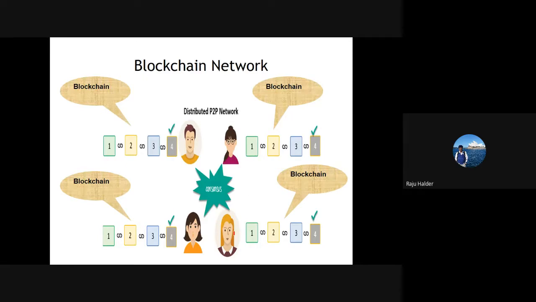So suppose this is you. You want to transfer some money to your friend. You have created one transaction saying that I want to transfer 5 Bitcoin to my friend, and you have broadcasted this transaction to everyone.